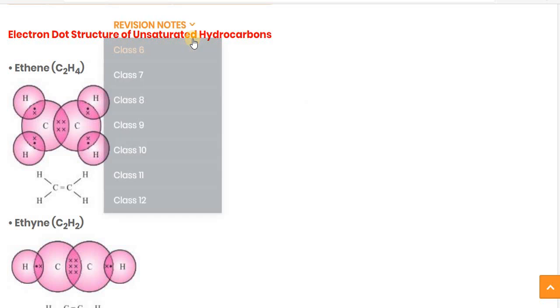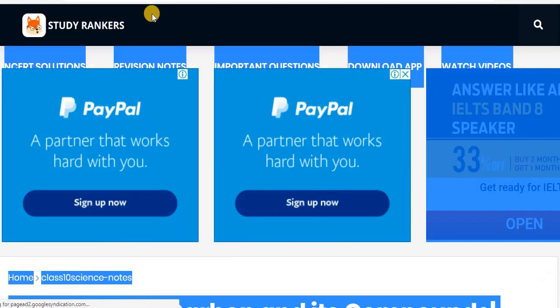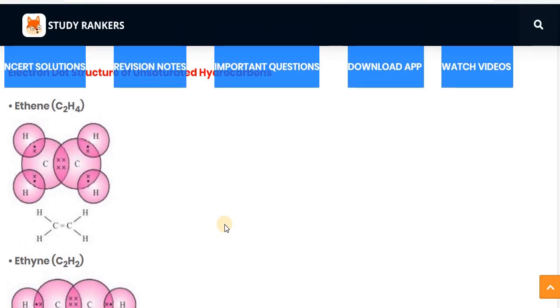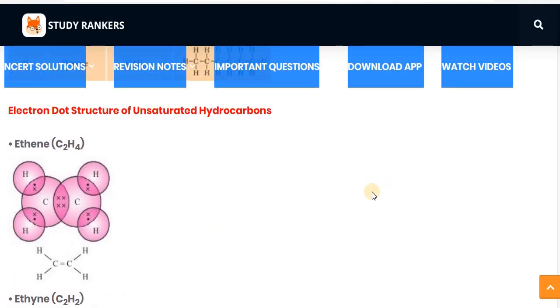Now in this video we will see the electron dot structure of unsaturated hydrocarbons. Previously we saw saturated hydrocarbons, meaning only single bond hydrocarbons. Now we will see double bonds or triple bonds, which make it an unsaturated hydrocarbon.